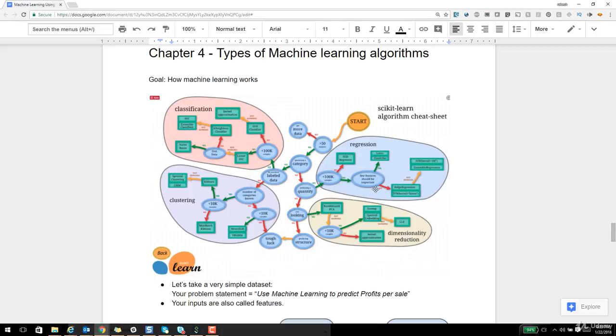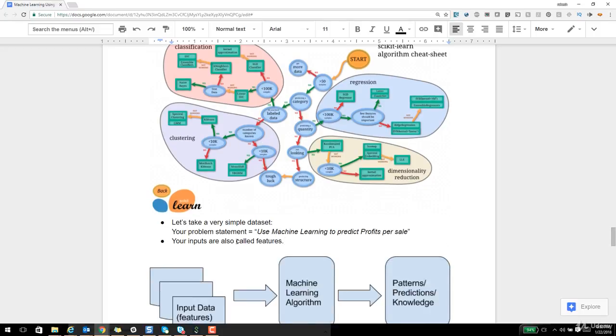Depending upon what problem you're trying to solve, we will choose one or more algorithms that belong to these categories. So you see words like samples greater than 50, then you have category, more data, and so on and so forth. We will keep revisiting this diagram as we move forward.